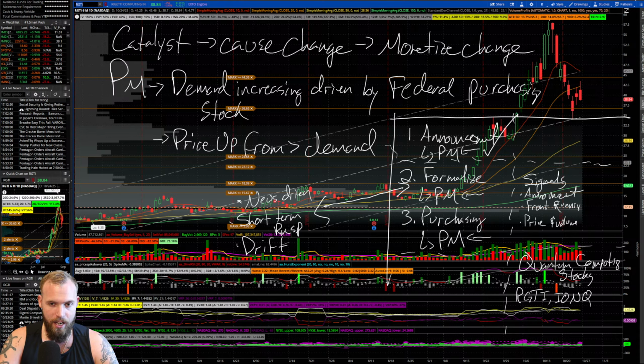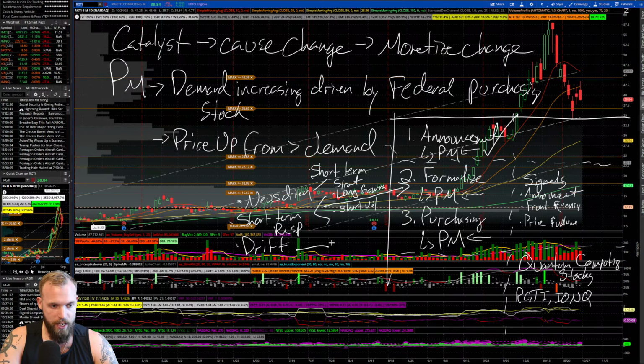But at this stage is where I would actually start attaching strategies to these. For example, for the news-driven stage, the more direct catalyst, I'm going to favor shorter-term strategies. I'm going to favor stuff that's long gamma or short vol.